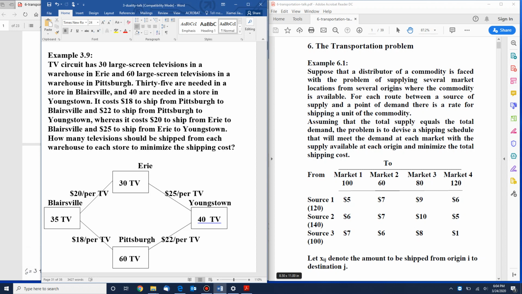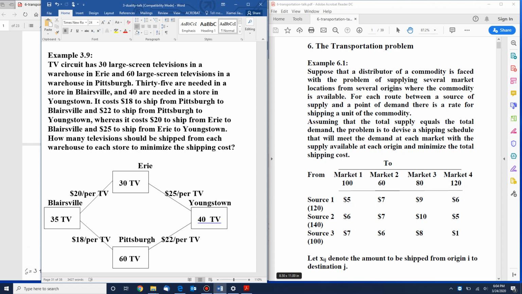And here, please pay attention. Whenever we start to work on a transportation problem, we first want to check whether or not the total supply equals the total demand. For this example, we could check the demand by adding all those amounts requested from the markets.